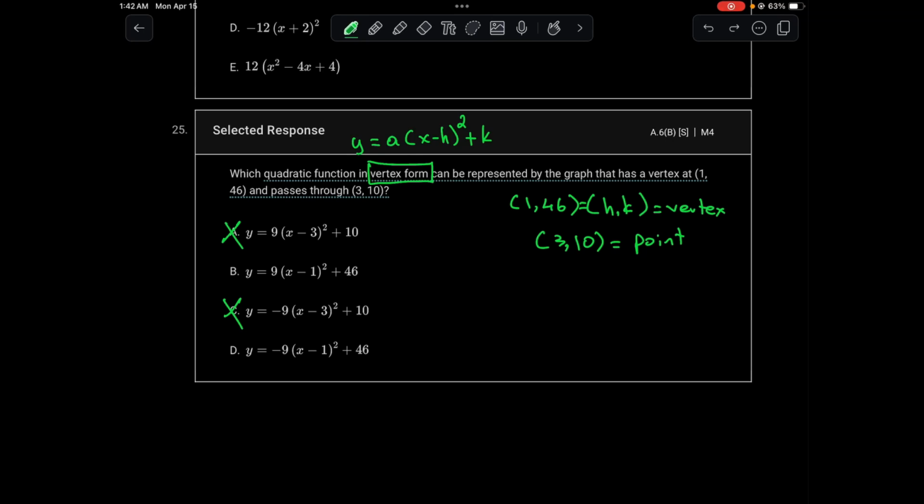And here we would have to plug in the point. We would know this form, but this would be A for us. We wouldn't know what it is.